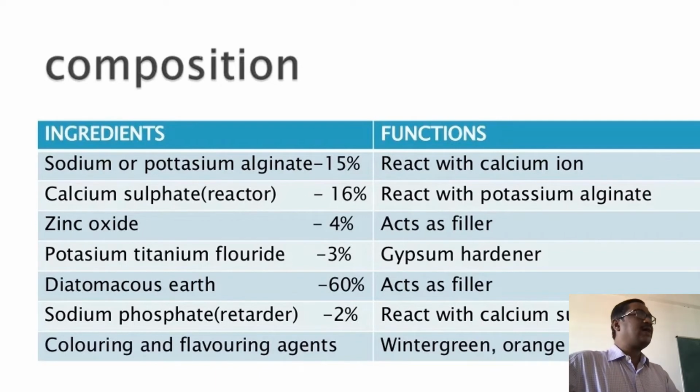So zinc oxide acts as a filler, potassium titanium fluoride acts as a gypsum hardener, and even diatomaceous earth will act as a filler. So sodium phosphate is a retarder. It will react with the calcium sulfate.